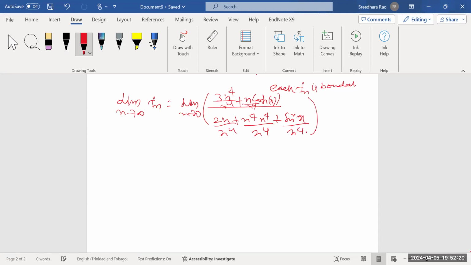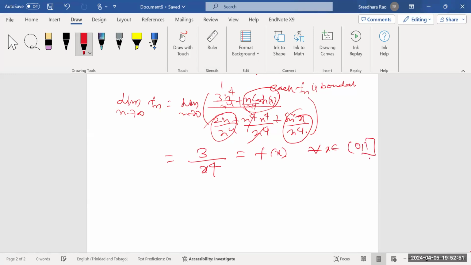So every term is 0, and here is n to the power of 4 over n to the power of 4, this is 1. So finally we will get this value as 3 over x to the power of 4. This is your f of x for all x belonging to 0, 1. Now my question is whether this function is bounded or not.